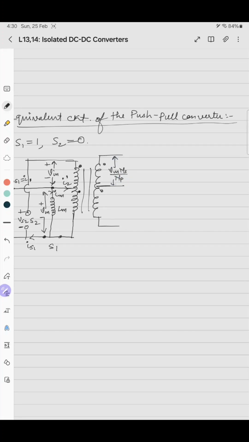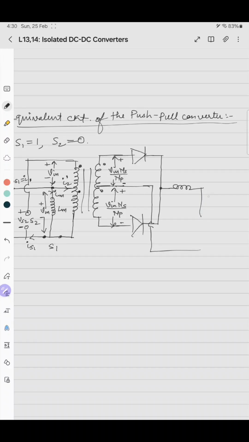The by 2 will get cancelled, and this will be plus, this will be minus. So this will be V in Ns by Np. Then we have the diodes. I told you the reason why we are using the diode and then short circuiting and using this inductor is because otherwise the secondary will be directly short circuited over a secondary winding.